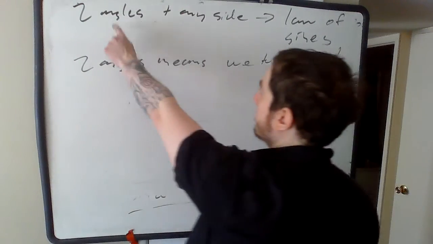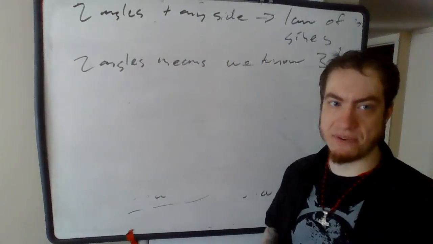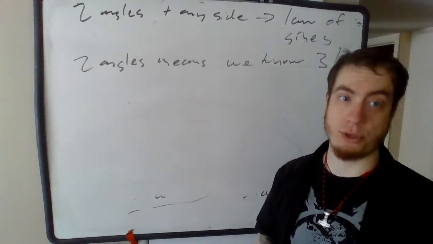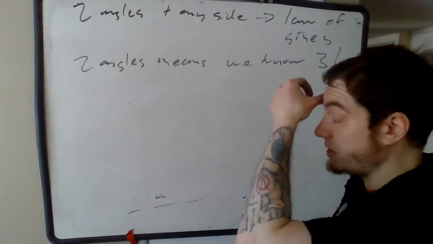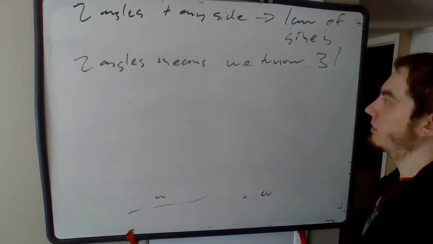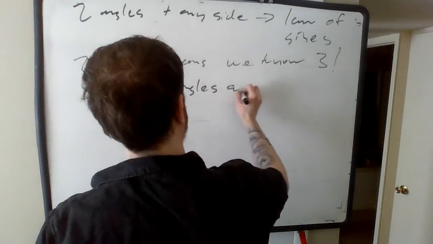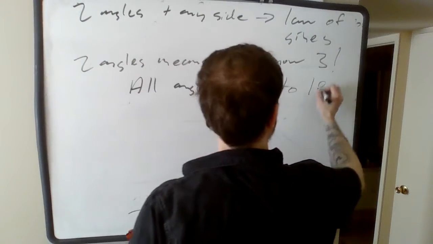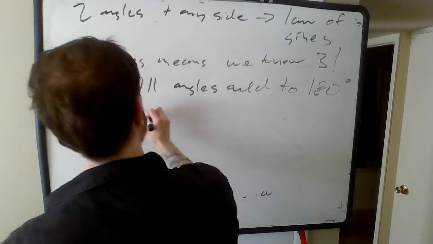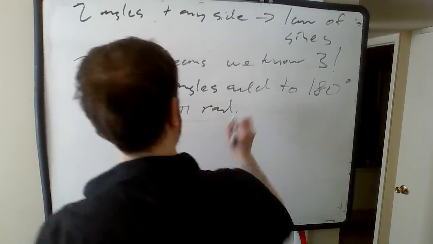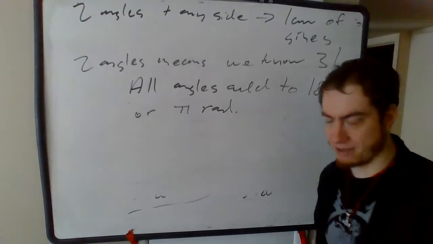So it doesn't matter which 2 angles you are given in the problem, you know the third angle as well, just from this fact that all angles add to 180 degrees, or pi radians if we happen to be working in radians.